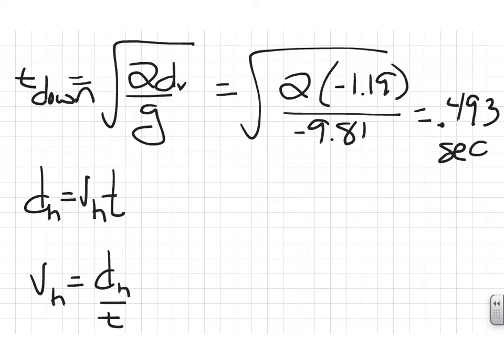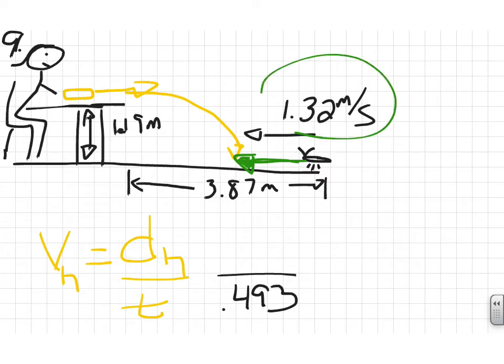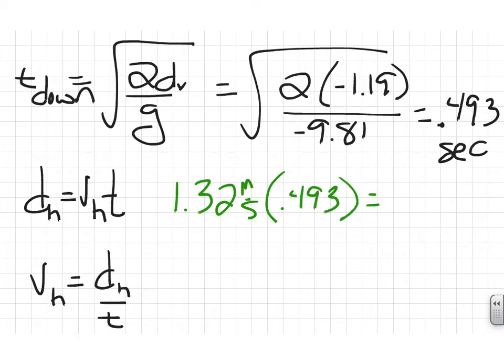Now, in that half a second, what's happening? Well, we know 0.493 is the time. But in that time period, the cockroach is running forward. So the second equation is saying, how far does he run? He's running at 1.32 meters per second, but he only gets to run for 0.493 seconds before he gets squished.